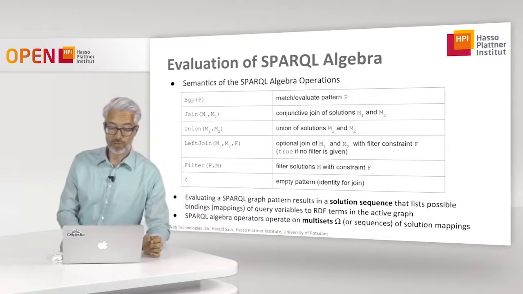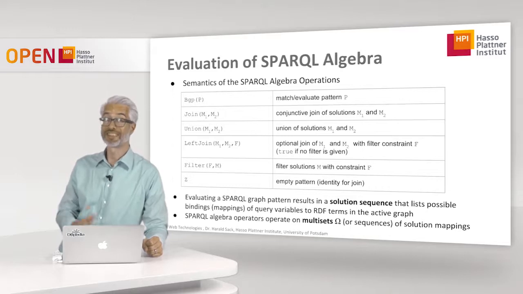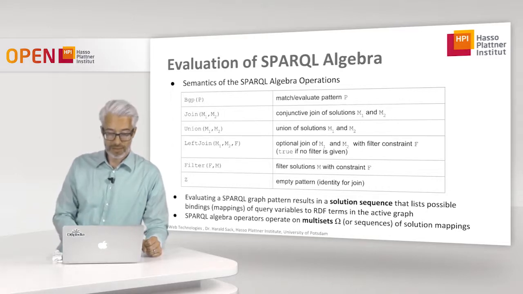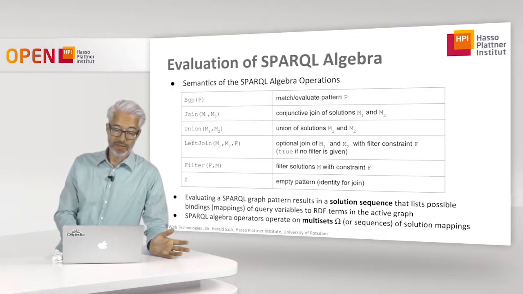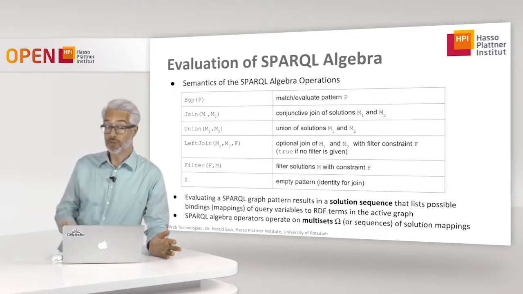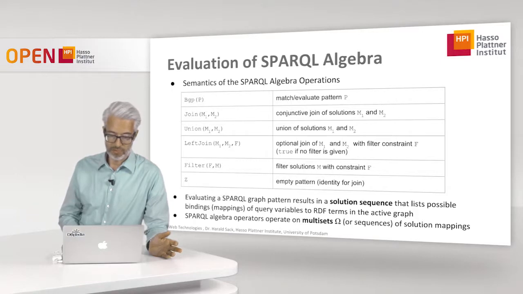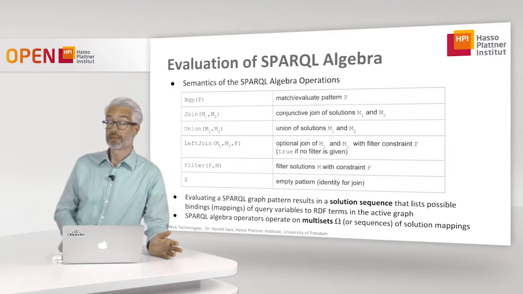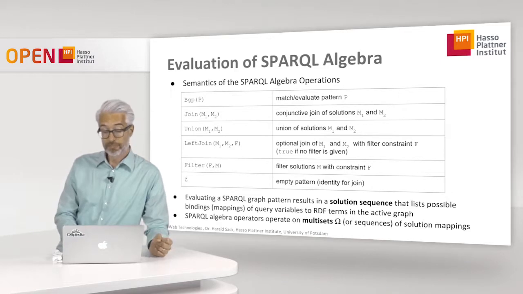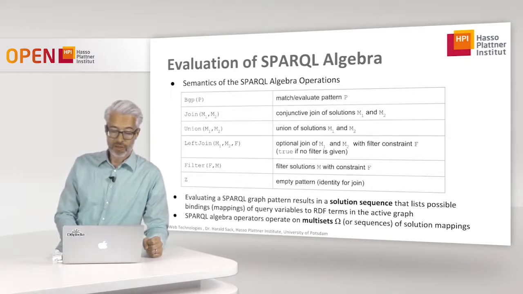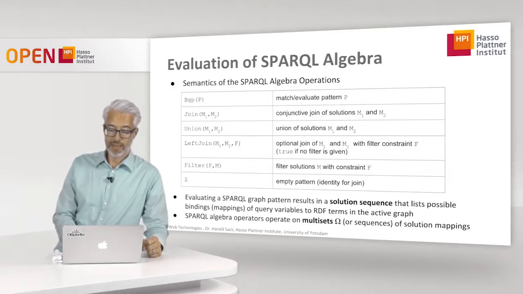It means the basic graph pattern does nothing else than matching or evaluating a specific pattern on a given set of RDF triples. The join expression usually does a conjunctive join on two solutions that I already have, M1 and M2. The union does nothing else than a set-based union of solutions, and the left join can also be complemented via a filter constraint, and then I do a left join of two solutions with a given filter constraint.